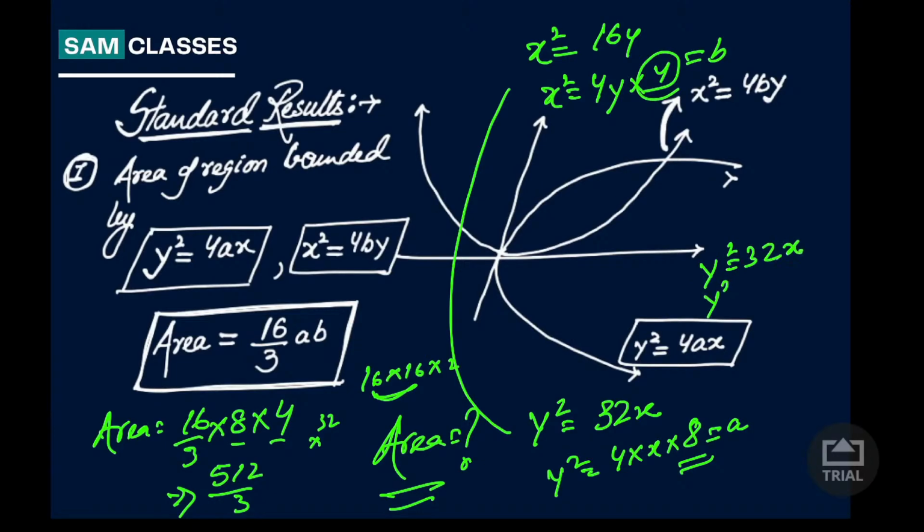I need to take 4 and x outside. What do I need to multiply by 4 to get 32? 8 only, no? So that becomes a. If you compare, this can be written as y square is equal to 4 into 8 into x, so y square is equal to 4ax. Now compare. What is the a value? 8. Clear, Pavitra ma'am?